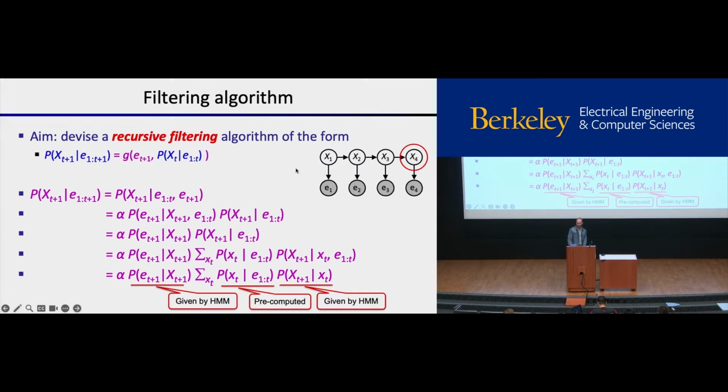Here's a picture of a hidden Markov model. It can go from 1 to numbers as high as you like. And the variables that we will typically be conditioning on, the variables we're expecting to observe the values of, are shaded in at the bottom here. You could talk about other conditional probabilities and what distribution is implied by the hidden Markov model.